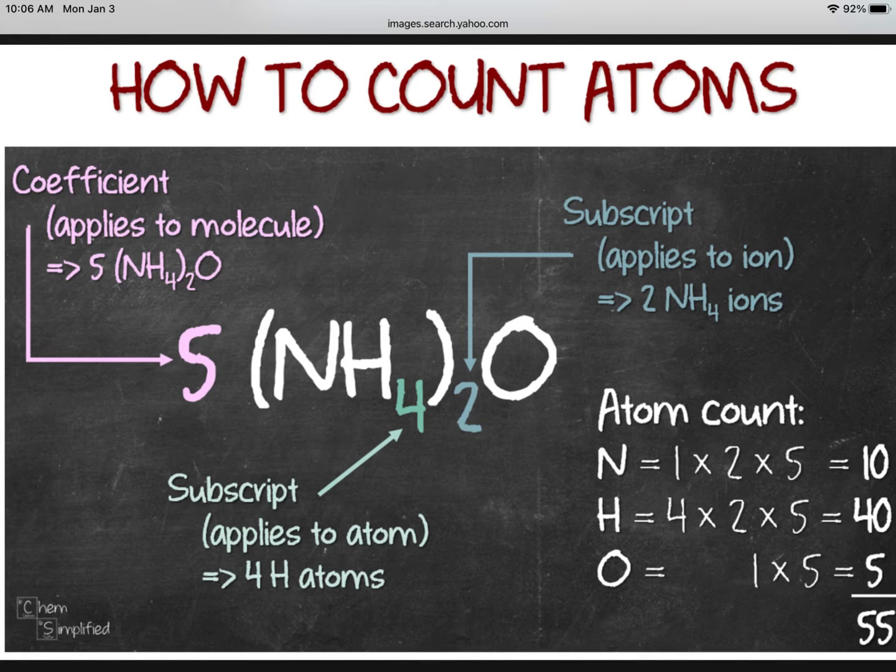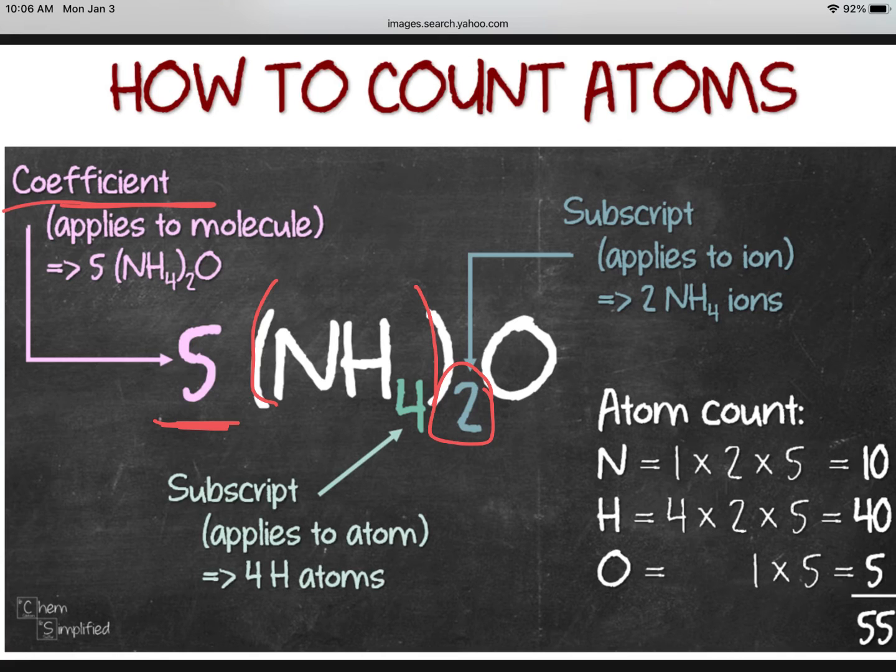Now, when you have a coefficient, this number in front is always called your coefficient. And this is what you're going to have in the balancing reactions that we're going to be having this week. So the coefficient is going to behave just as the number outside of the parentheses.